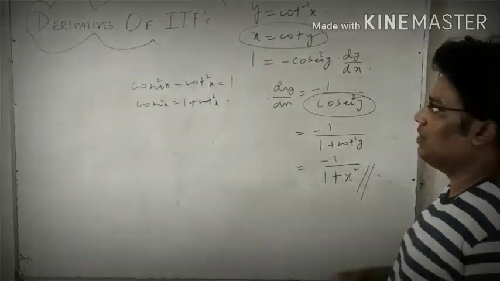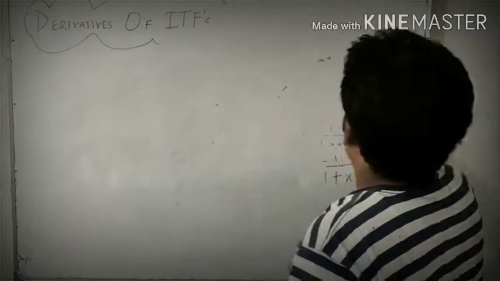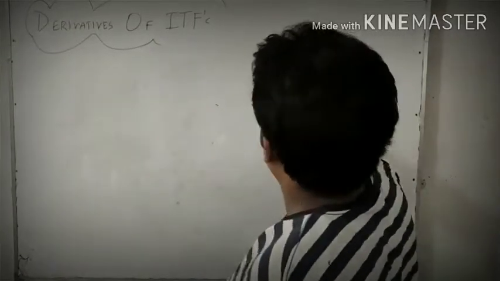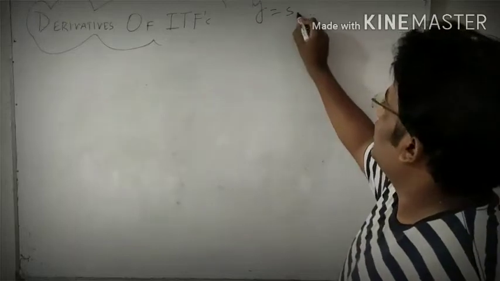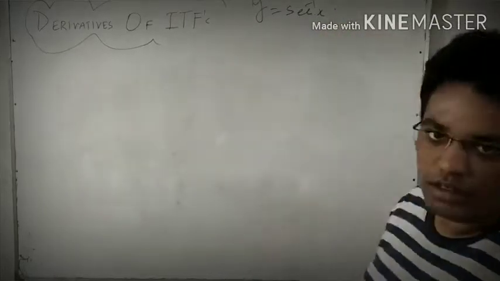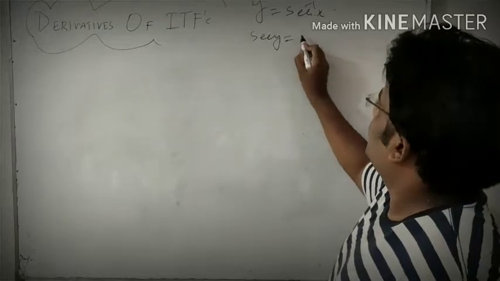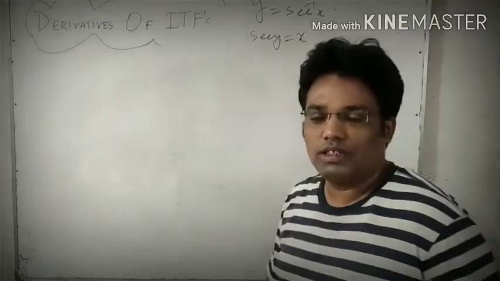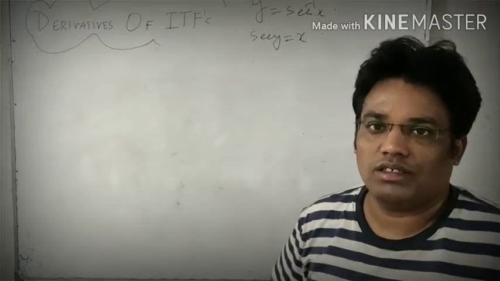So we have seen sin inverse, cos inverse, tan inverse, cot inverse. Let's find secant and cosecant. y equals secant inverse x. Very simple. Secant y equals x. What is differentiation of secant x? Secant x into tan x.